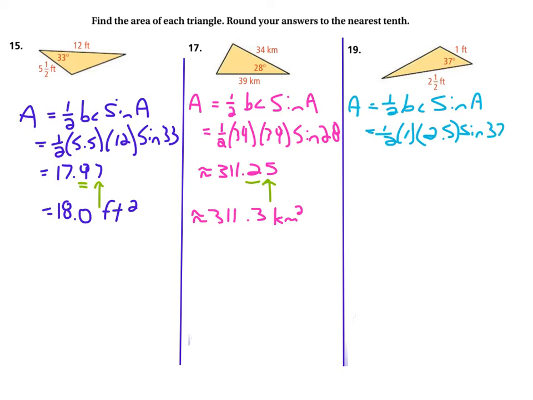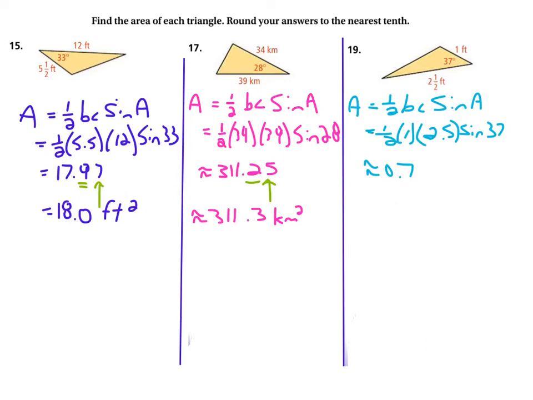And when we calculate all this through, let's do it here on my calculator. We've got sine of 37 times 2.5 times 0.5 equals, approximately equals 0.75.